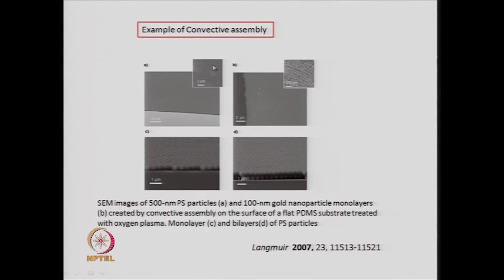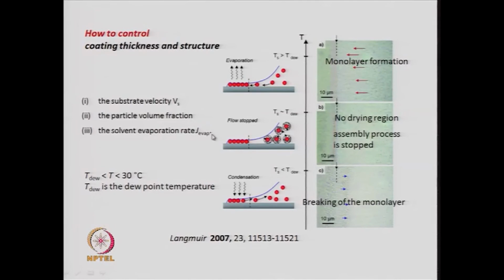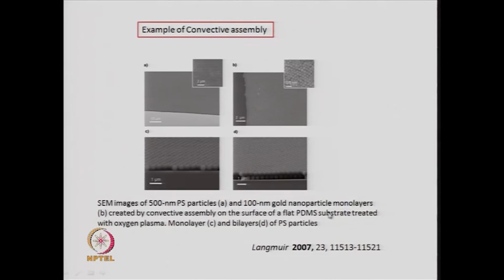Now, earlier this was a schematic diagram explaining how the monolayer formation is taking place or how the monolayer was breaking, and this is a real picture, an FESEM picture, where you can see that you have a layer and if you look closely you can see the nanoparticles arranged in the layer, and this is at a much closer scale.